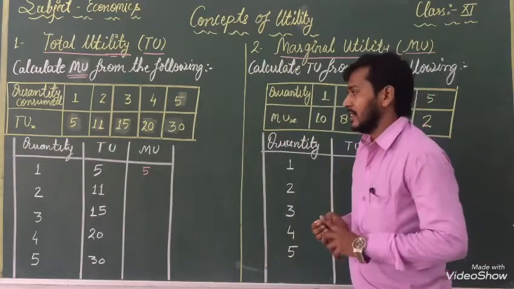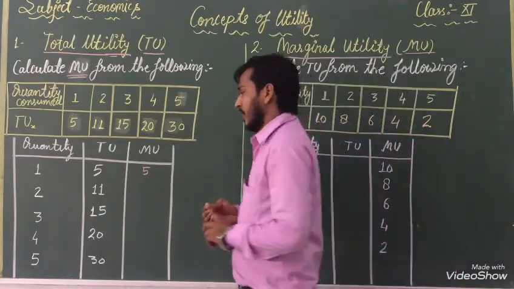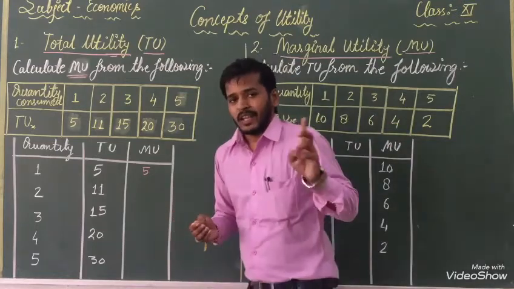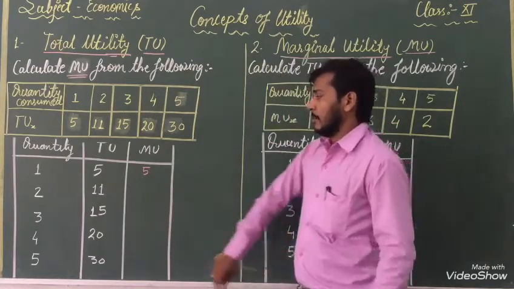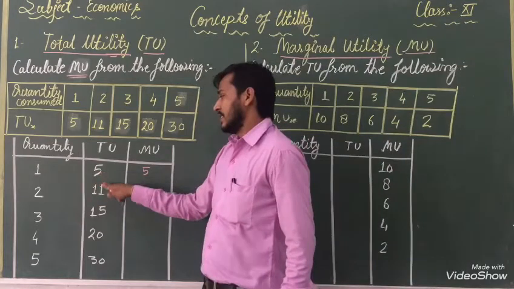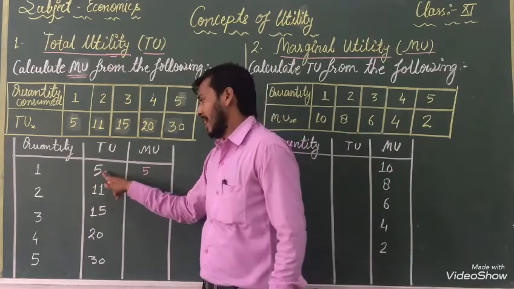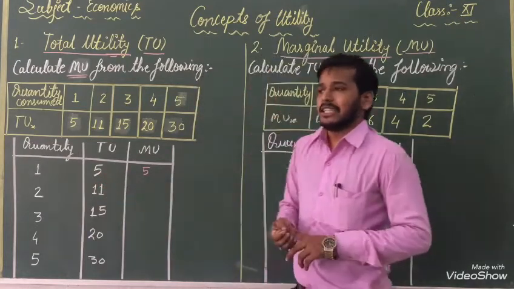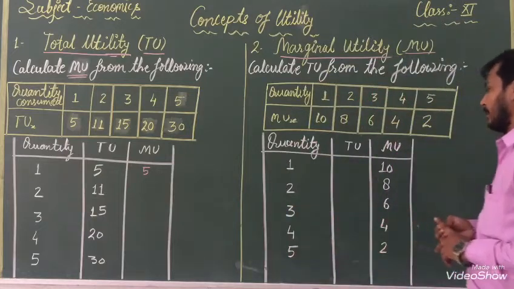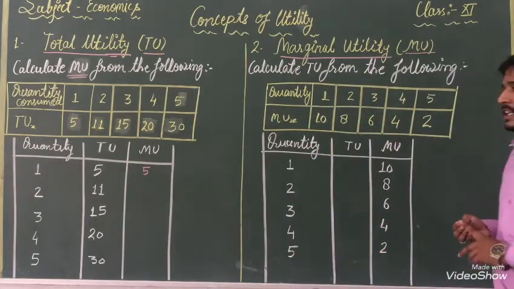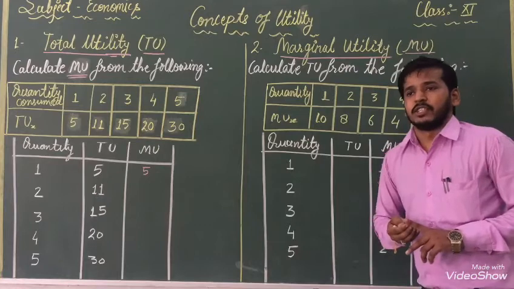After that, next time, when we go to the shop for the second unit, there is a difference between 5 and the second total utility, 11. With the help of that, we can find the marginal utility.